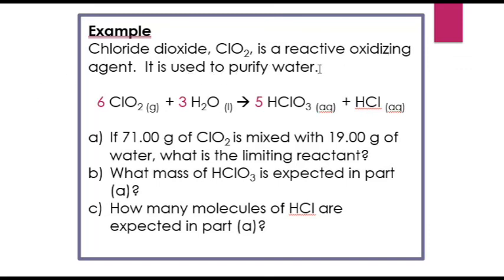It is used to purify water. So, this is the equation. We want to find out, given 71 grams of chlorine dioxide mixed with 19 grams of water, which is the limiting agent? Chlorine dioxide or water? So, let's check.